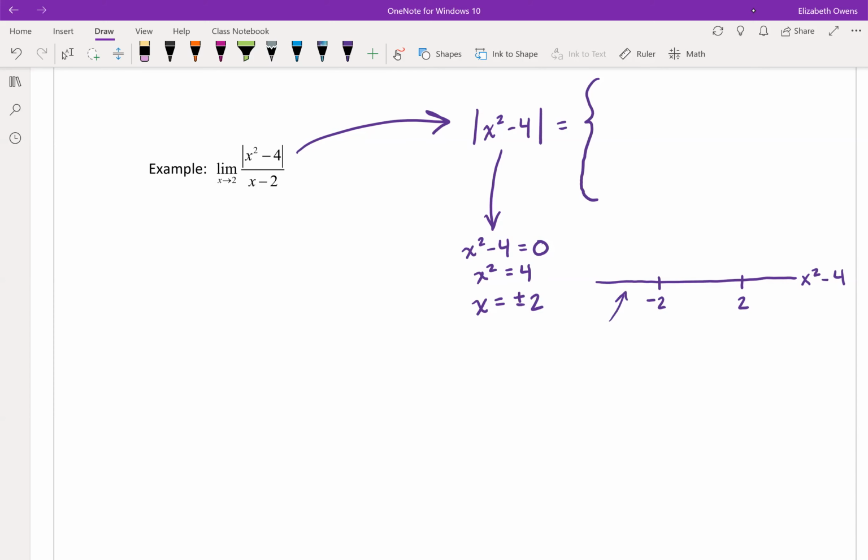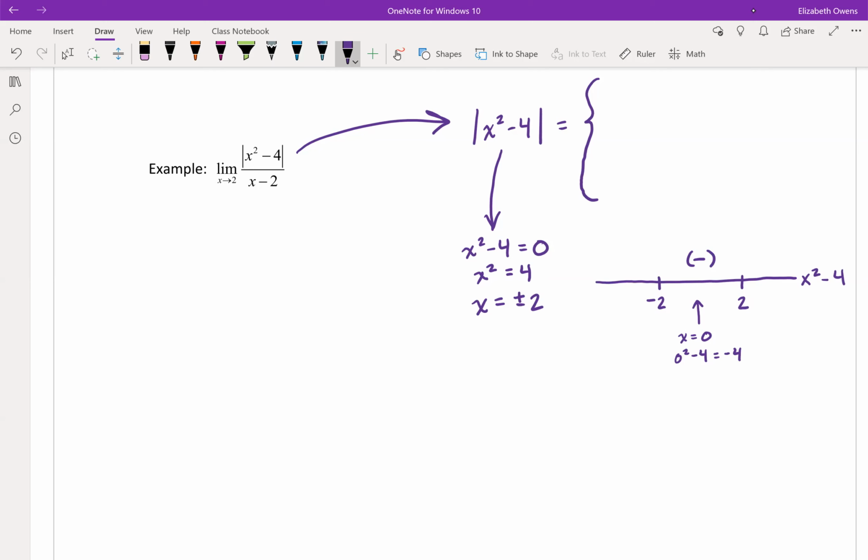What we're really interested in is, is it positive or negative in those different areas? In the middle, that central chunk of the number line, you might pick a test value like x equals 0 and plug it into our x squared minus 4 expression, and we would end up getting -4. No matter what value you pick in this interval in the middle, the result is going to turn out to be negative.